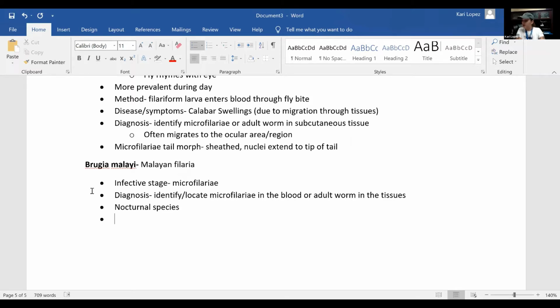And its vectors, so they all need an arthropod vector or intermediate host. This is a night species. It is a night species, yes. And this one's going to be a skeeter bite, so your Anopheles and Mansonia mosquitoes.